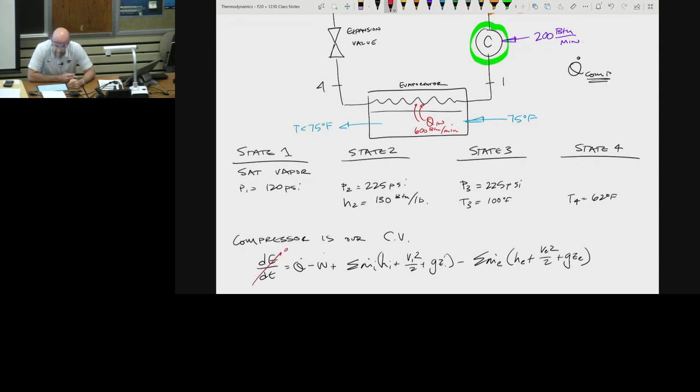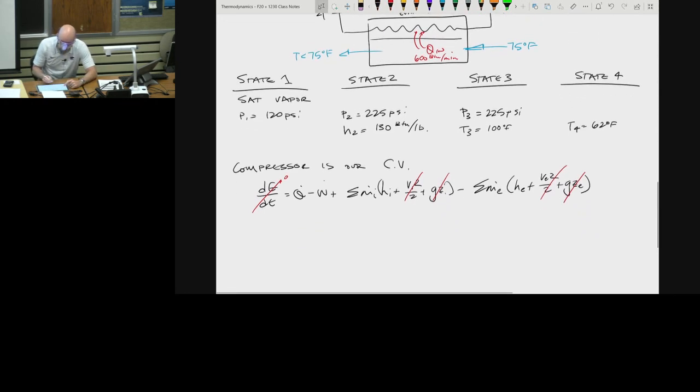We are told to find the heat transfer for the compressor, so we can't get rid of that. We know that the compressor requires power. A compressor always requires power. A pump always requires power. A turbine always produces power. We're not given any information about the kinetic or potential energy effects, so those go away. And so we're left with this.